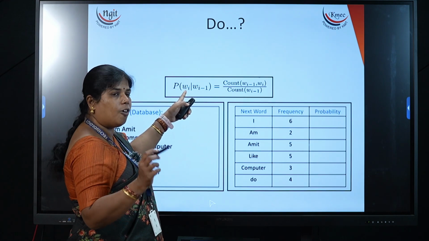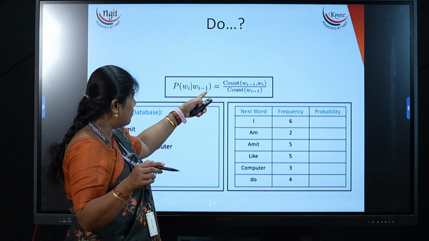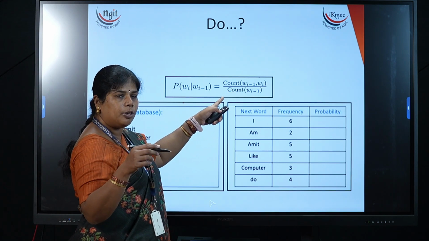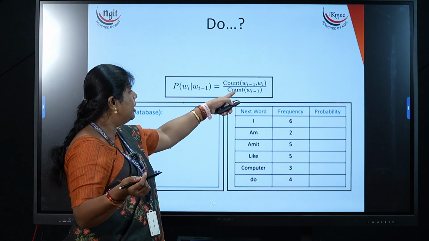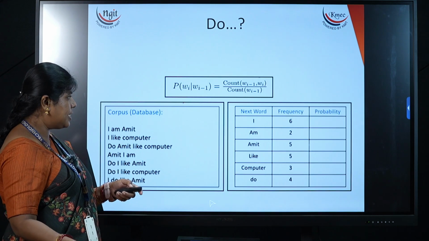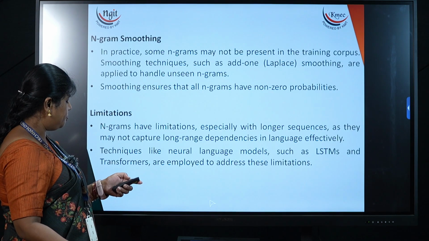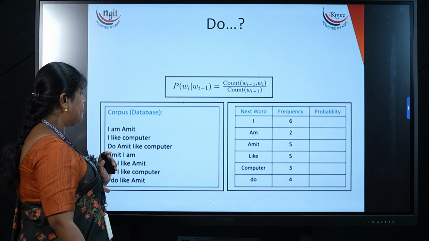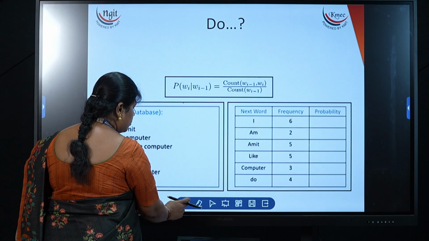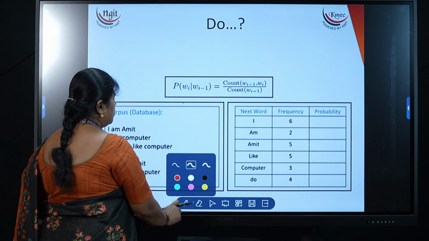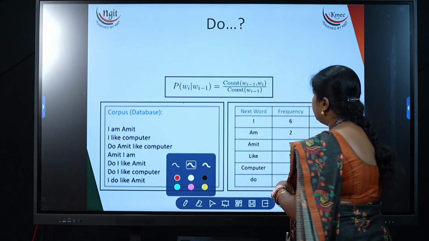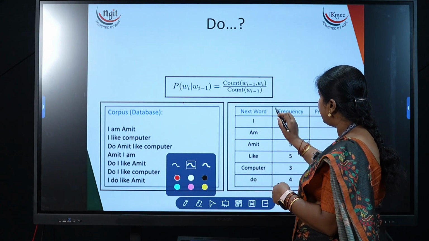The probability of wi given wi minus 1 depends on the count of wi minus 1 followed by wi, and the count of wi minus 1. Now, let us see step by step. We should see this example. Here I am considering the next word as "I".